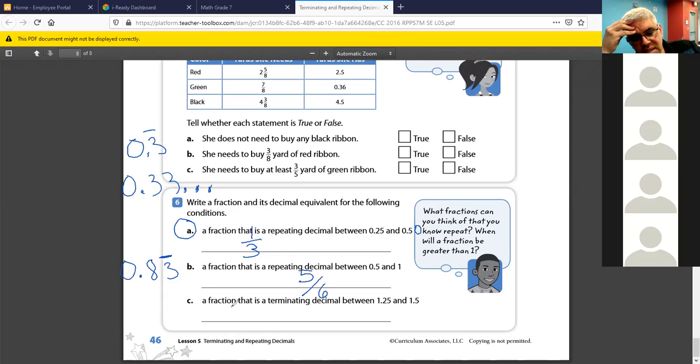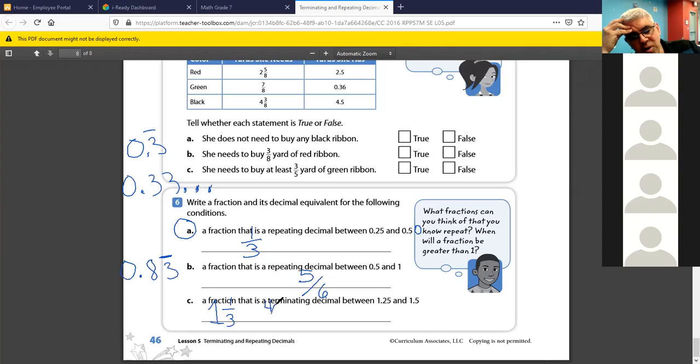A fraction that is a terminating decimal between 1.25 and 1.5. Well, I already know that 0.33 is repeating, but I just need to add a 1. So if I add 1 and 1/3 and turn it into an improper fraction, 1 times 3 is 3, plus 1 is 4.